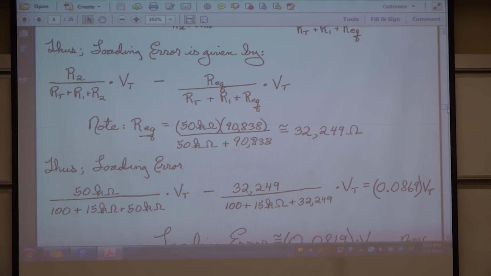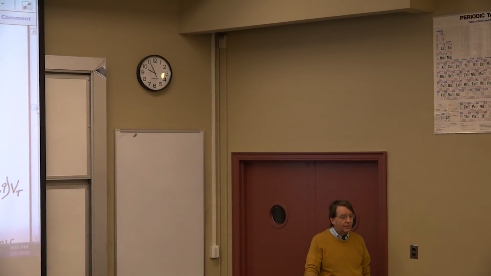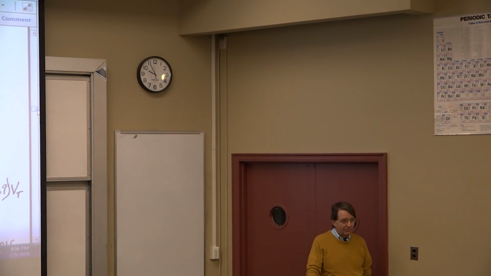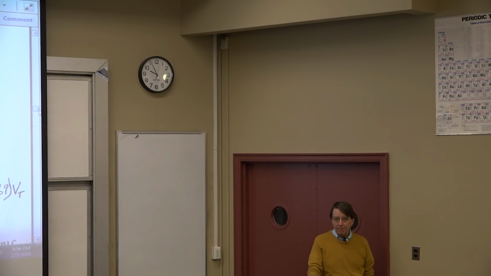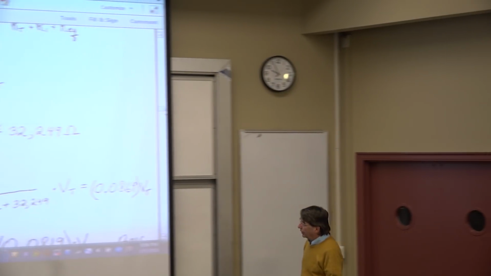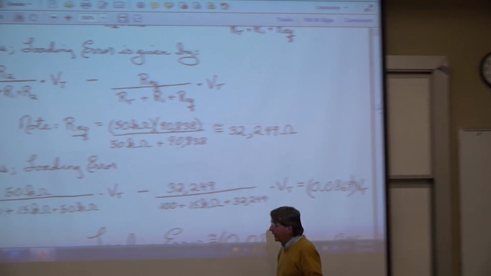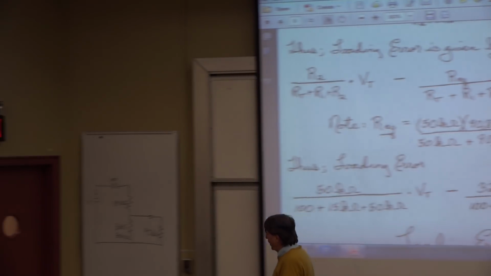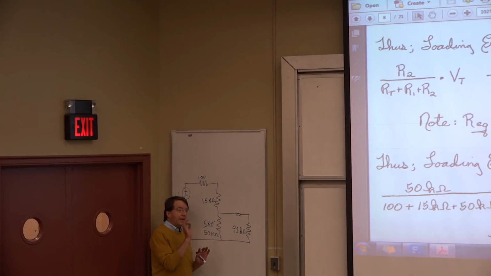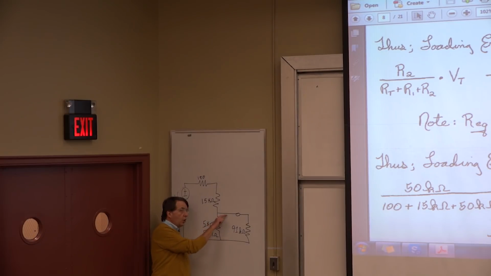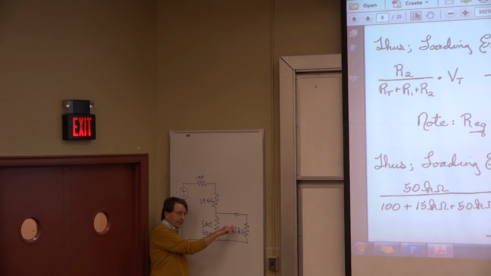Why is it larger? Help me out. If you have a smaller resistor and a very large resistor, when they're in parallel, the resistance isn't going to change as much as two larger resistors. Right, exactly. So you have the concept of putting resistors in parallel. So why the loading error here is greater: for us to have a loading error of 0, we want no current to go this way.